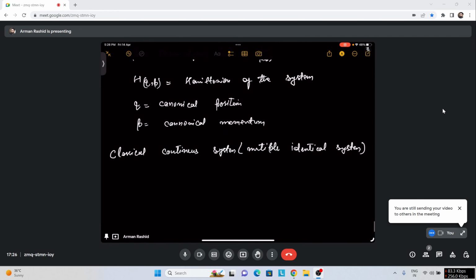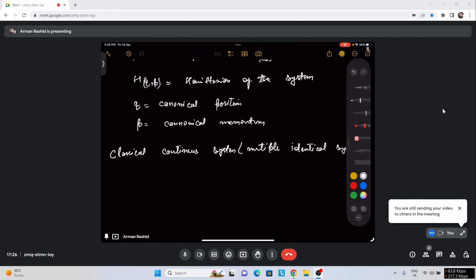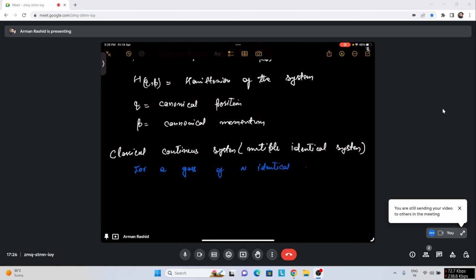So at that time what we have to do is, for example, if we take a gas of n identical classical particles, we can write Z equivalent to 1 by n factorial h raised to power 3n, then integral over all the particles.